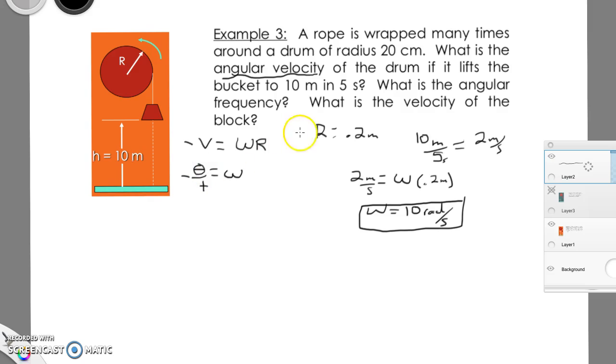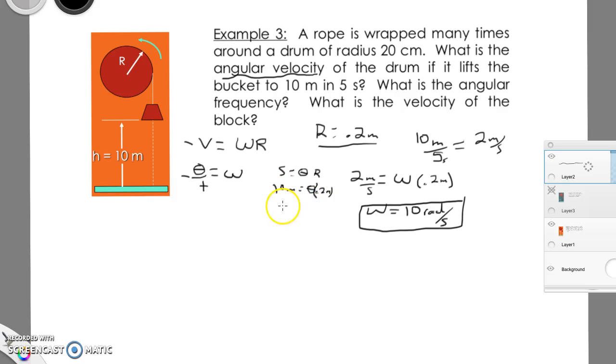And we can do that another way. Using this equation, we can say, okay, the radius is 0.2 meters. We're going to go a distance of 10 meters. And so, using this one right here, S equals theta times R. 10 meters equals theta times 0.2 meters.